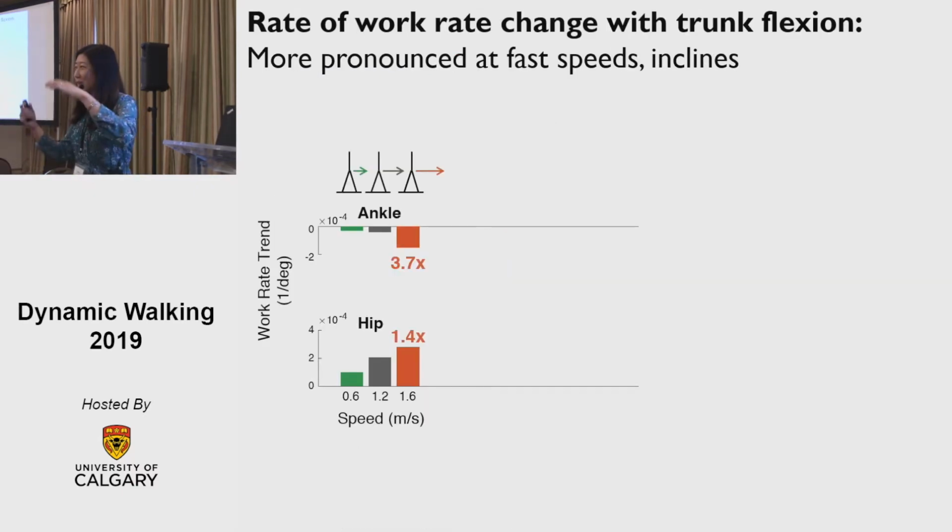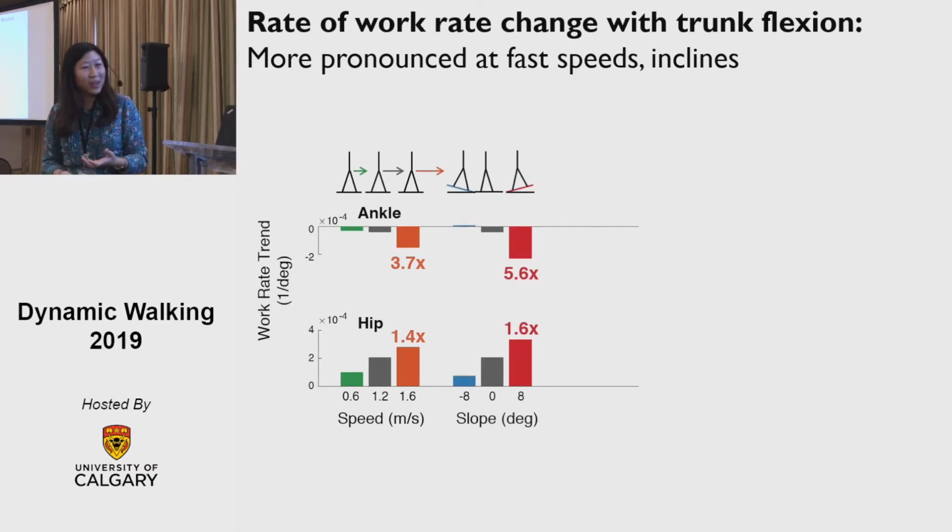So if we just look at the trends, like the slopes as we change the work rates as we move through different trunk angles, this is just the bar plots of the slopes, so you can compare the slopes for the work rates. And if you compare 1.6 meters per second to normal, there's a 1.4 times increase in the rate of work rate increase, and then a 3.7 times decrease in that case.